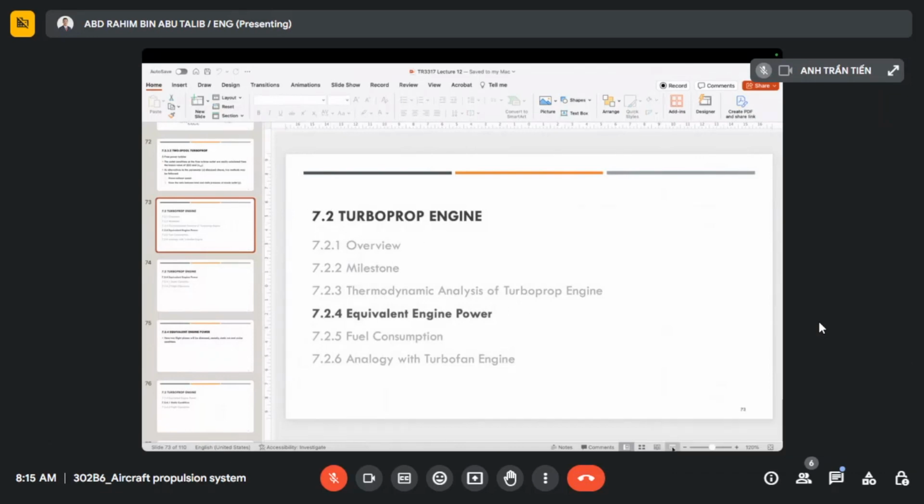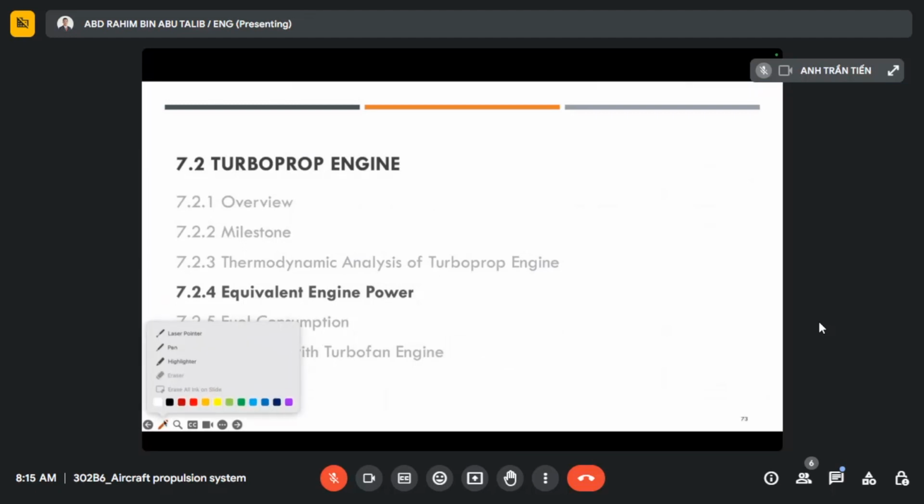Okay, I believe it is already there, right? So we have started to look into the turboprop engine. We start with the overview of a turboprop engine and then go through the historical background, the milestones of a turboprop engine, how it all started until the recent usage of turboprop engines in modern transport, especially military aircraft.